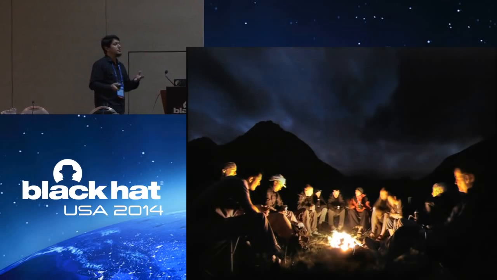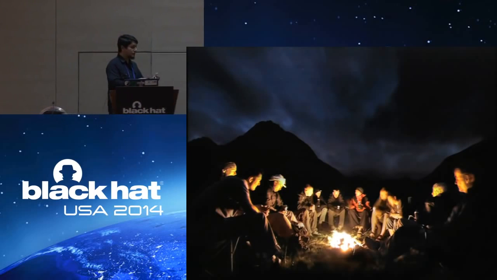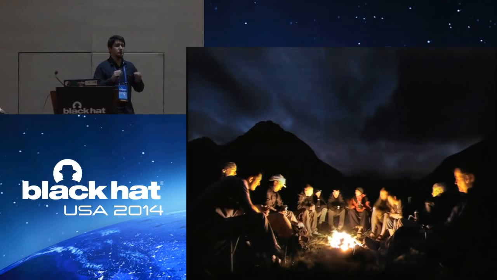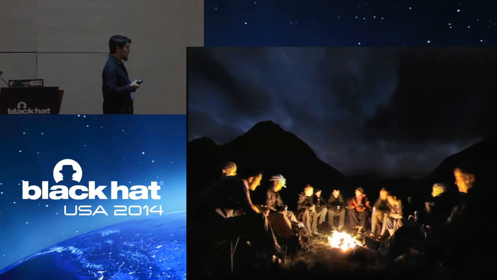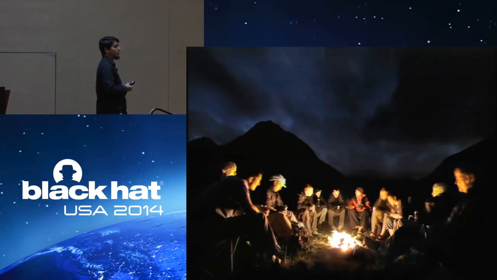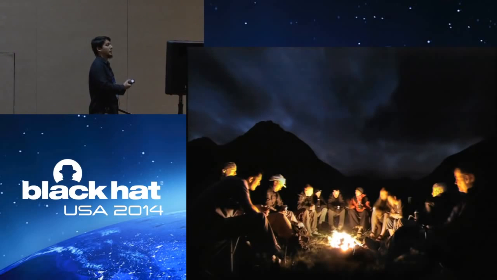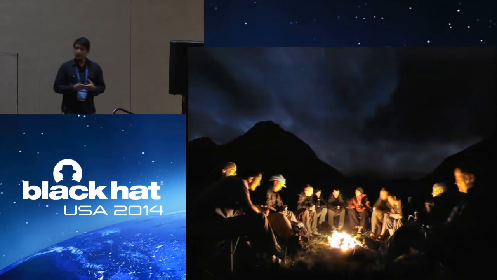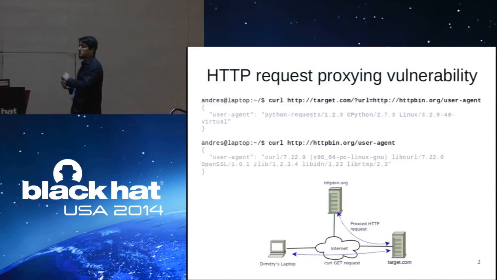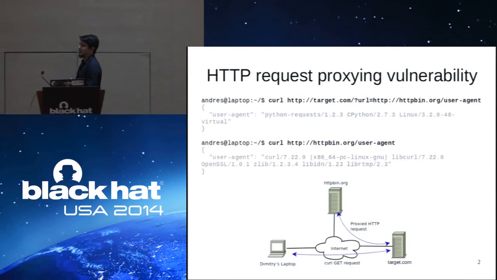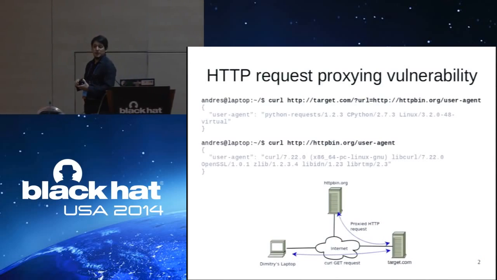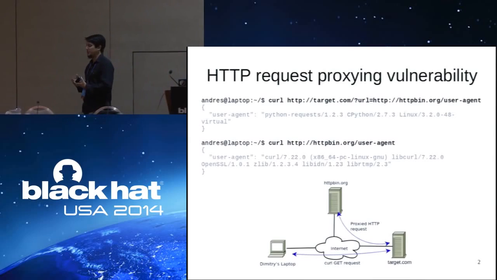So let's get started with the first vulnerability I found, and the only one that's not related to a misconfiguration in Amazon. I found a very simple vulnerability: an HTTP request proxy vulnerability.